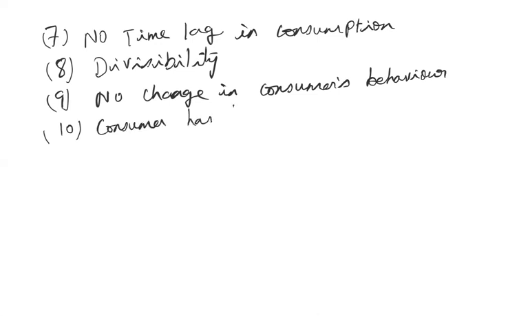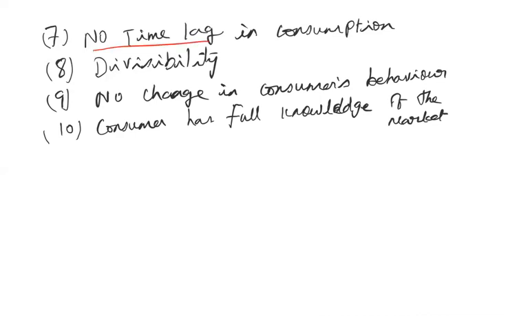He has the full knowledge of what the demand, supply, and price conditions are in the market. This is also one of the components of the consumer being rational. Okay, so no time lag, divisibility, no change in consumer behavior, and the consumer has full knowledge of the market conditions.